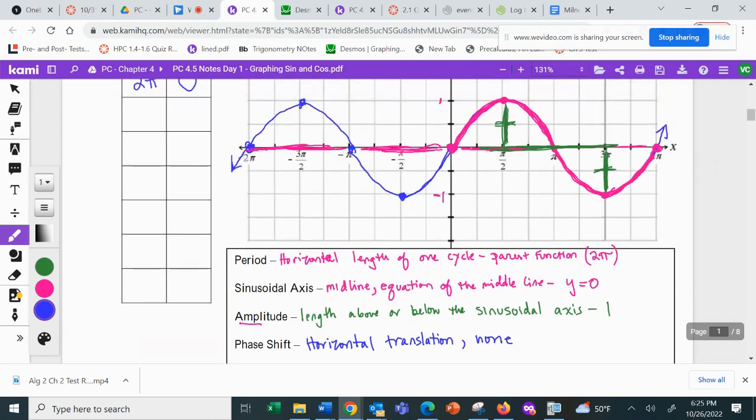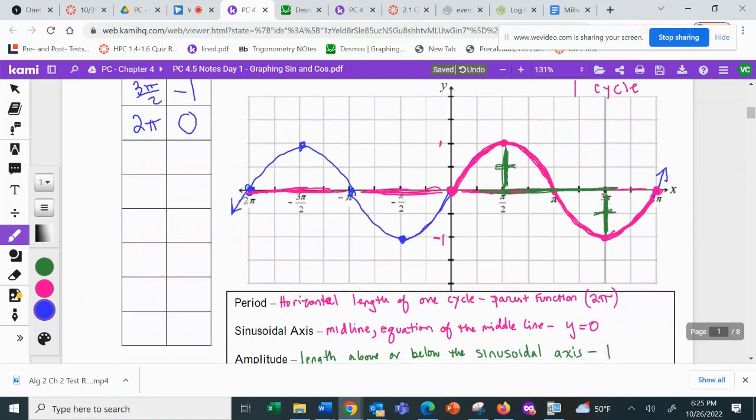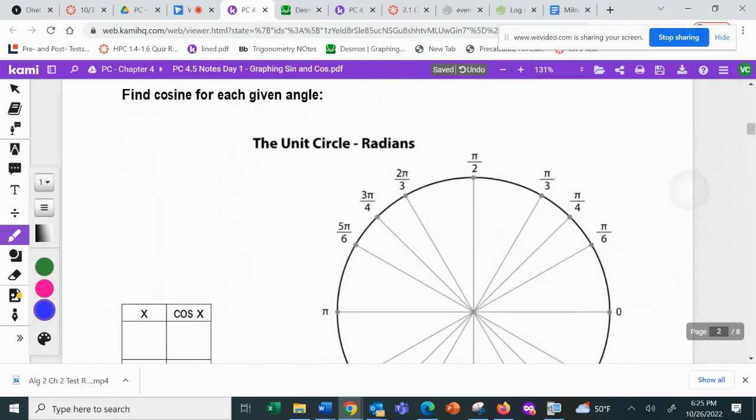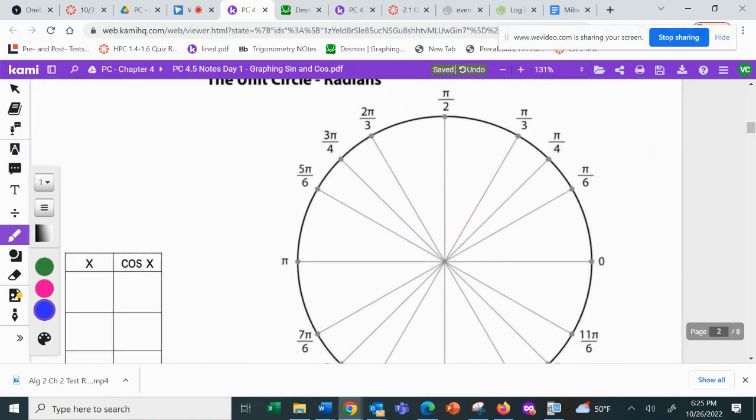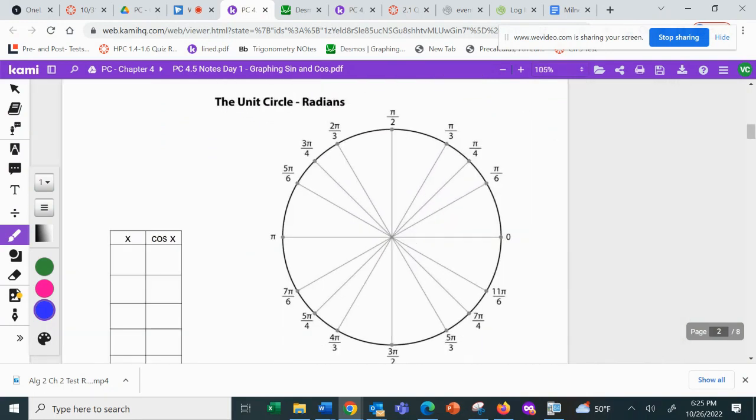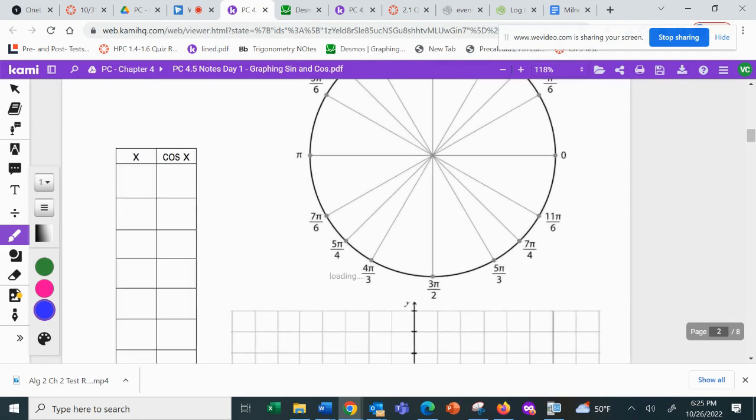Okay, so now that is the sine graph. We're going to look at cosine. So for the cosine graph, you can go through and label all of the cosines at each angle, but for time's sake, I'm going to talk about the ones that we're going to use for the key points. The key points are going to be 0, pi over 2, pi, 3 pi over 2, and 2 pi.